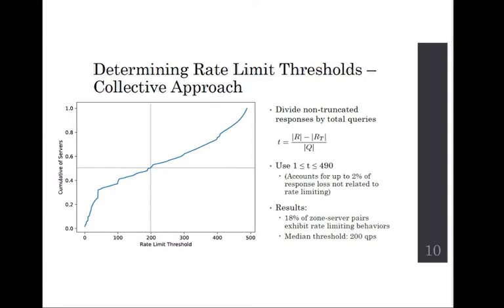And what we found in the remaining is that about 18% of these zone server pairs were exhibiting some type of rate limiting behavior, and the median threshold was about 200 queries per second.